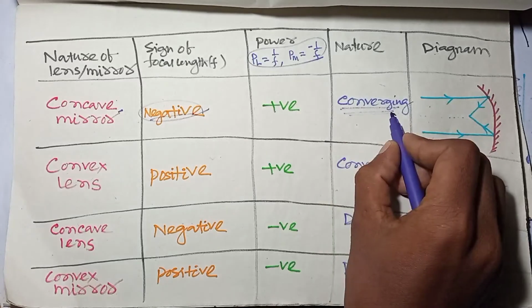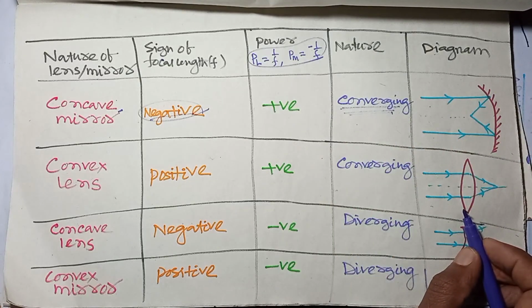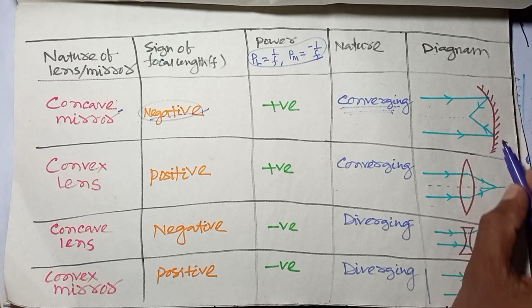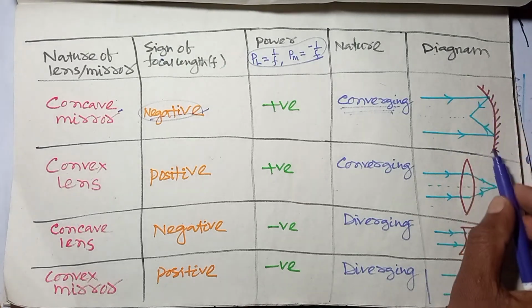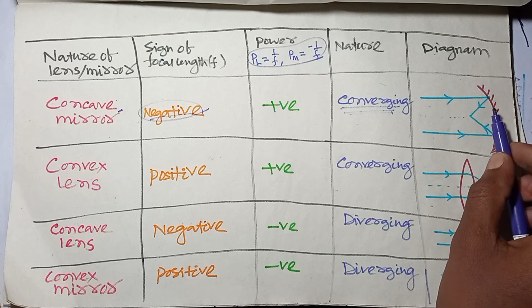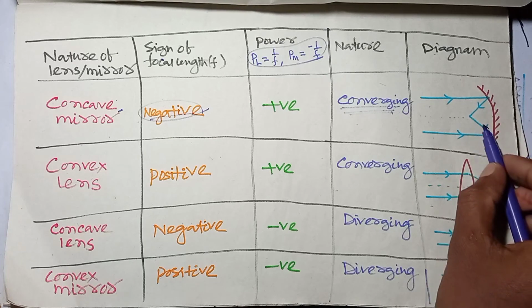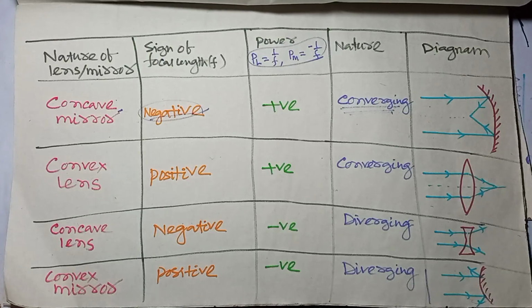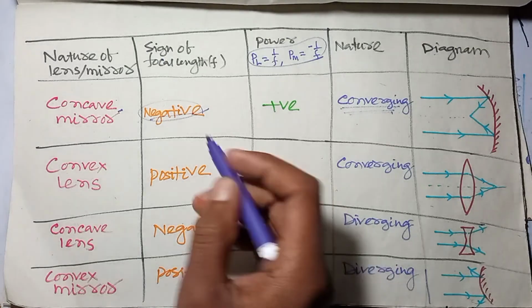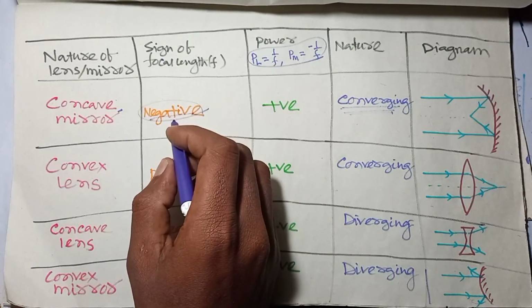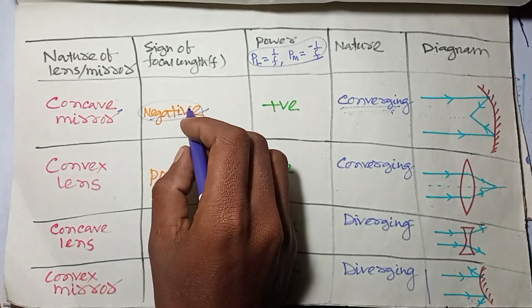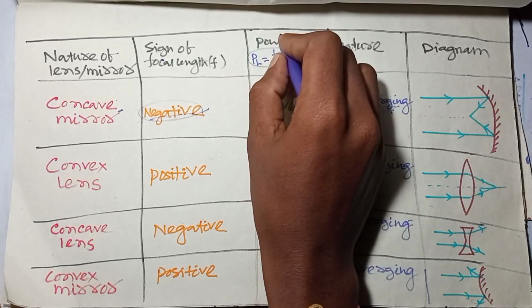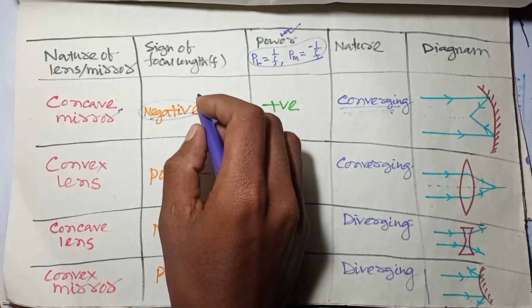Here is the ray diagram: it is a concave mirror, and these are the parallel incident rays. After the reflection, the reflected rays are convergent. One thing we have to note is that we have to decide the converging or diverging nature from the sign of the power.